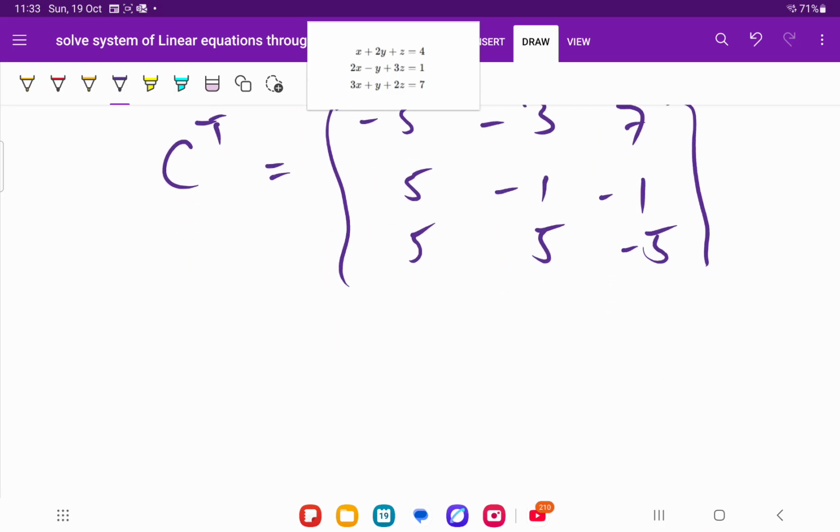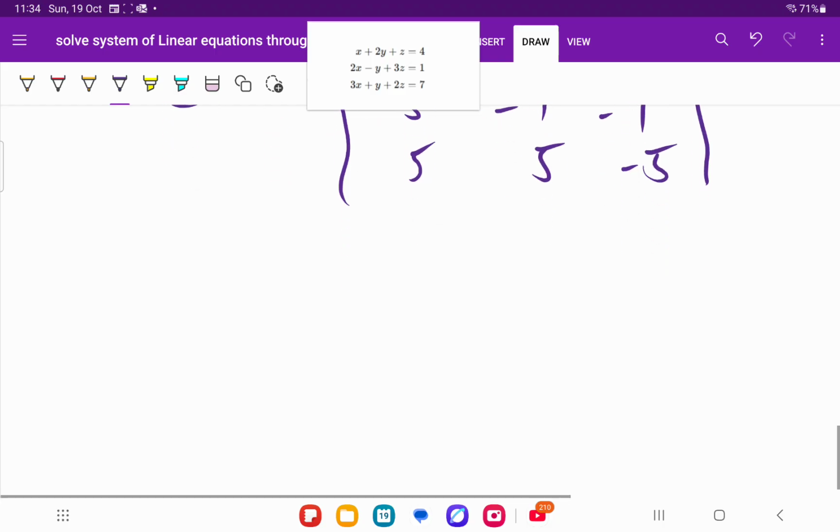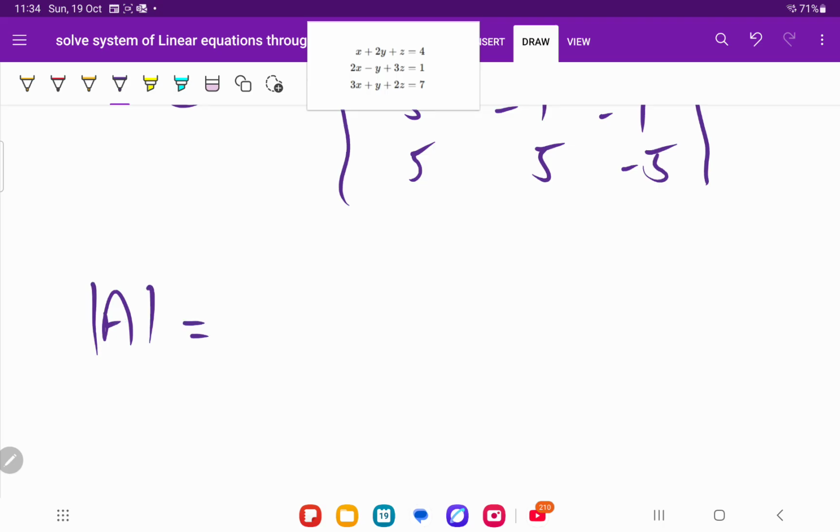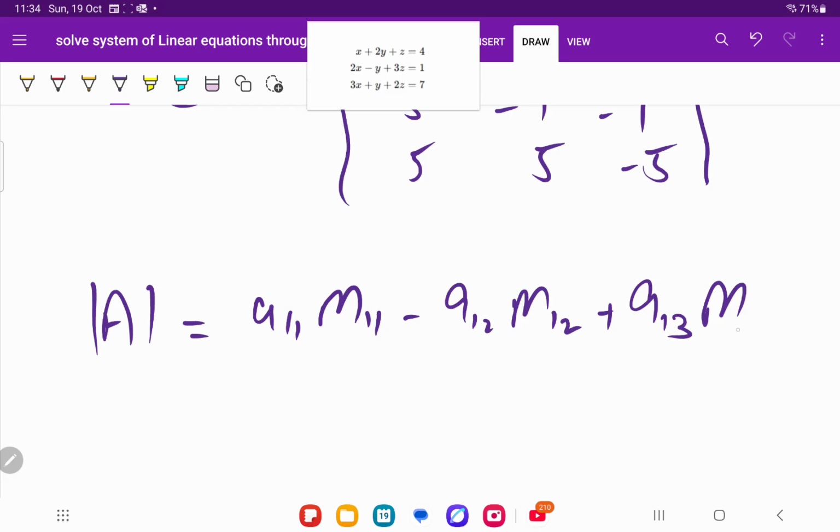So almost one major part has been completed. Now to calculate the inverse, we just need the determinant of A, which is equal to A11 M11 minus A12 M12 plus A13 M13.